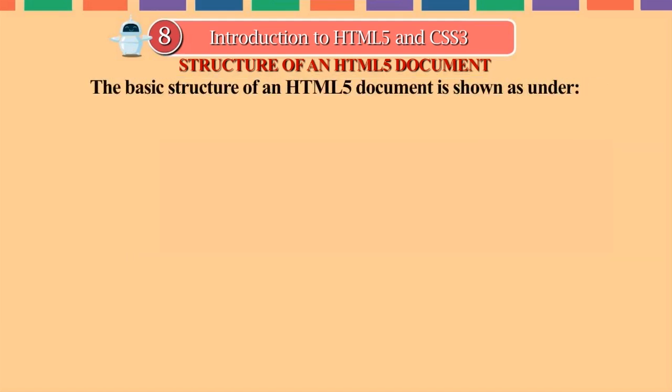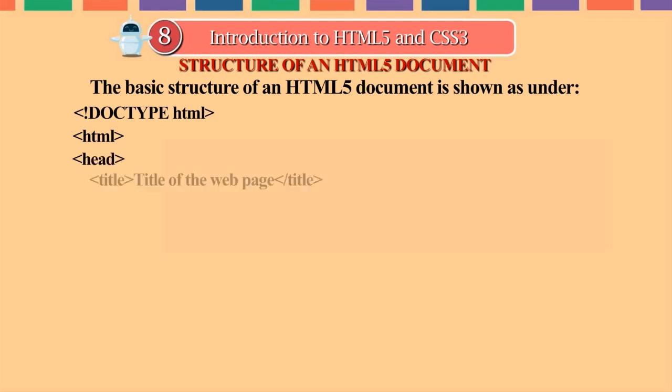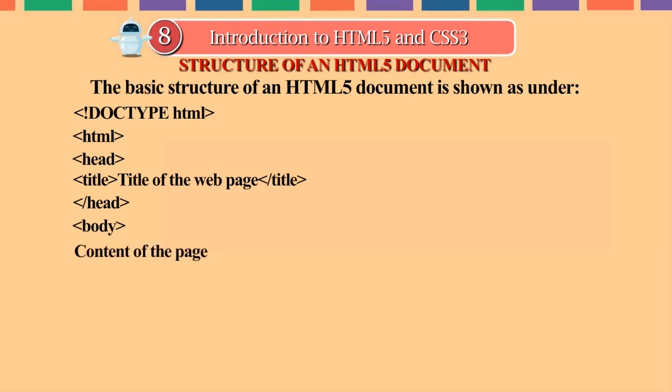The basic structure of an HTML5 document is shown as under: doctype html, html, head, title of the web page, /title, /head, body, content of the page, /body.